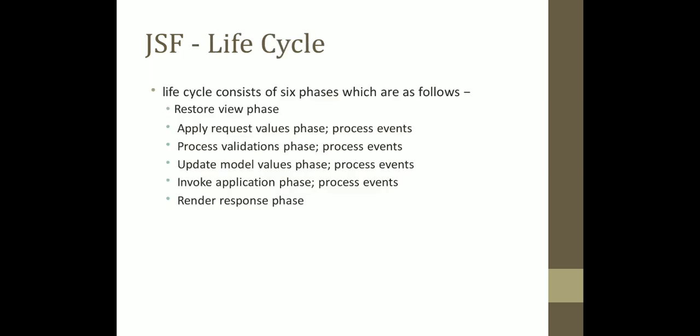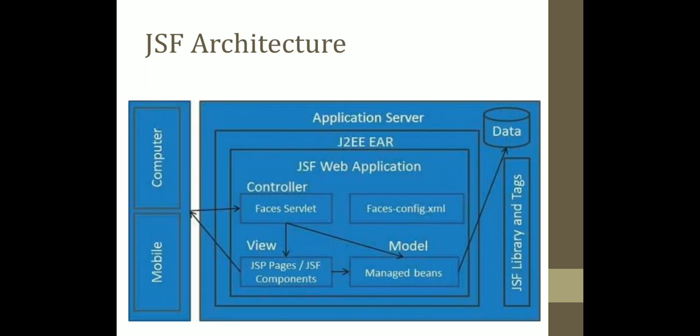So till this session it is enough. You just revise all the things that we have seen in this session, because JSF architecture is again a very important thing. It looks very easy from the diagram point of view, but the meaning behind it is vast, because it has a strong supporting component system.